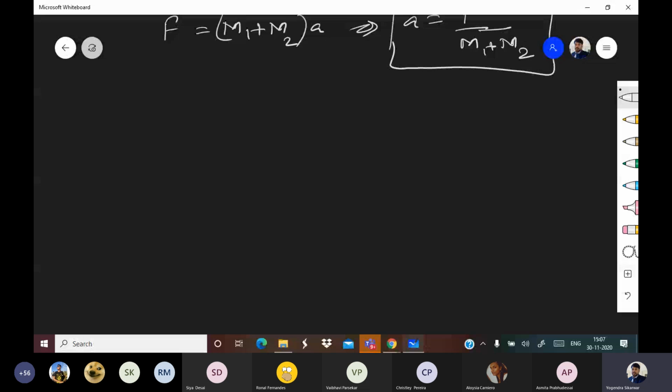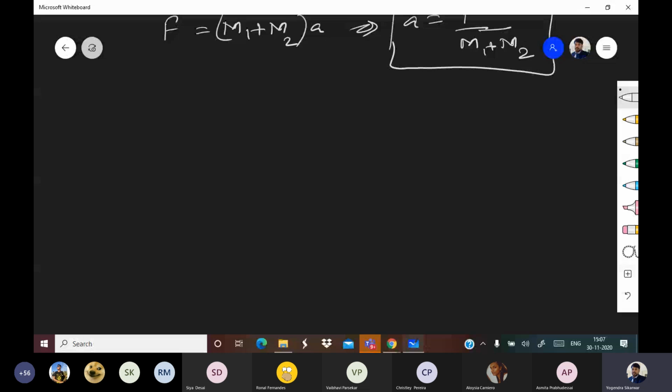So there are 5 identical blocks of mass m each, and they are connected by strings. The rightmost block is being pulled by a force F horizontally, and the ground is smooth.